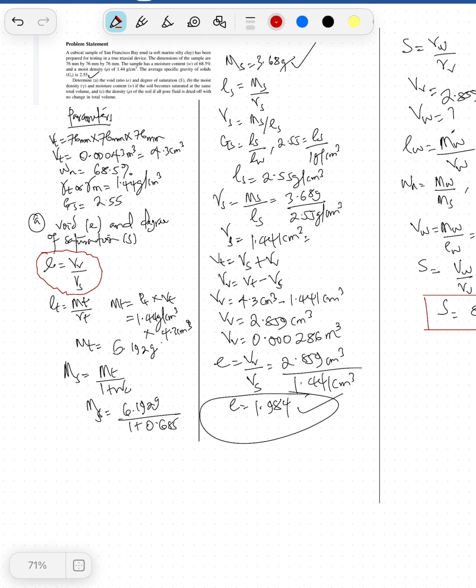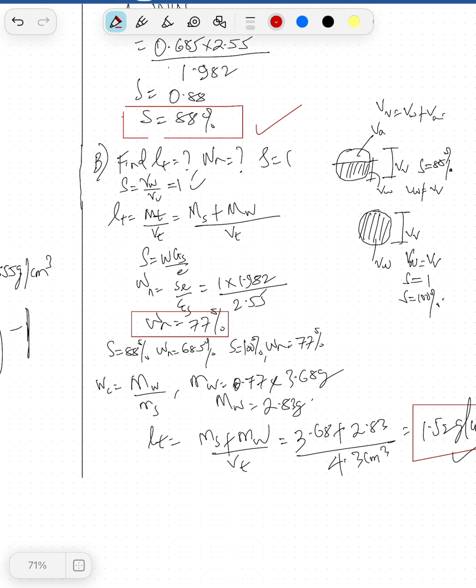So we are asked to find the density of the soil if all pore fluid is dried off with no change in total volume. That's dry density, if all the water is dried off.